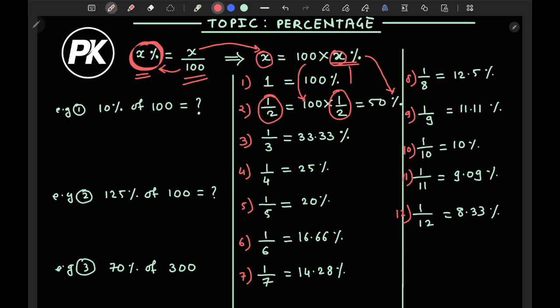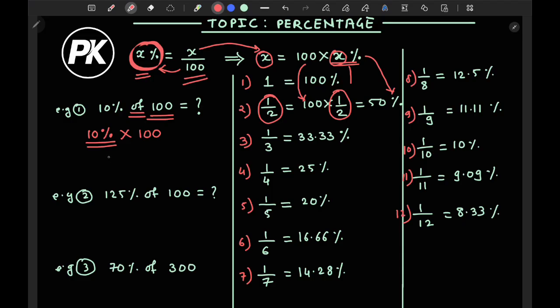Now let's see what is asked here: what is 10 percentage of 100? In mathematics, "of" always means multiplication. Now how should I write 10 percentage?